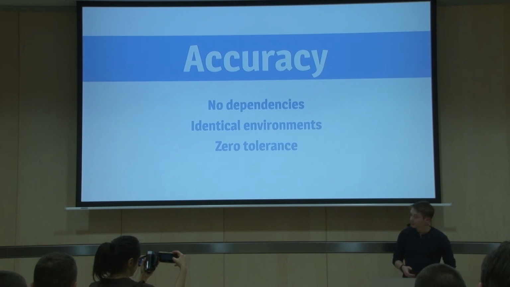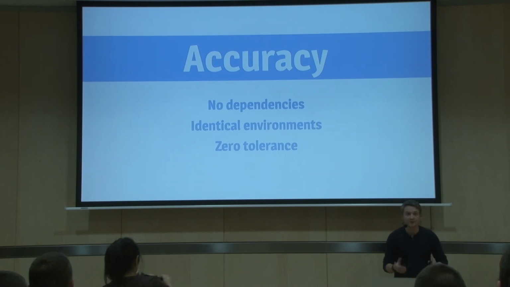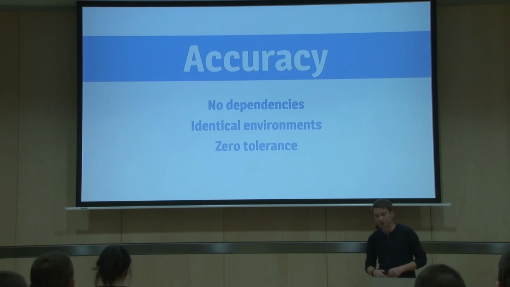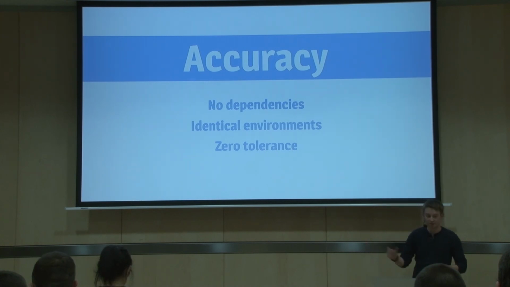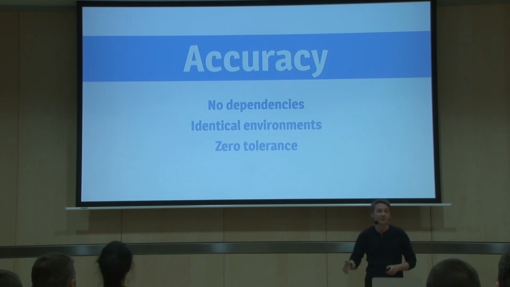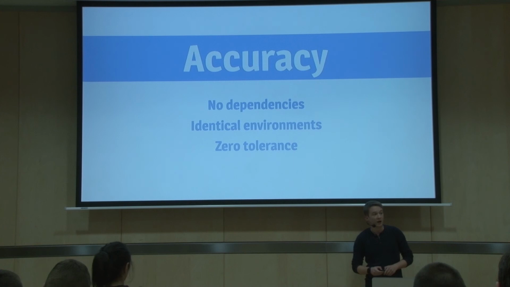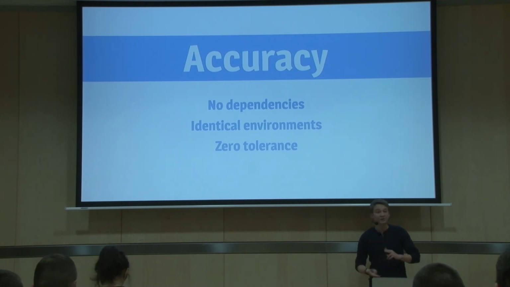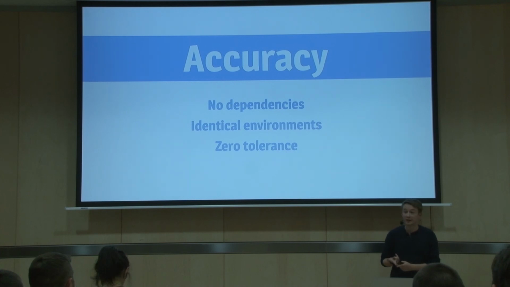Accuracy, so the really core things to getting accurate tests are trying to eliminate the outside influences. So particularly in unit tests, cutting down to absolutely no dependencies makes your tests much more reliable. I'm talking about external dependencies on services, obviously, but also time and time zones as much as you can, operating system specifics.